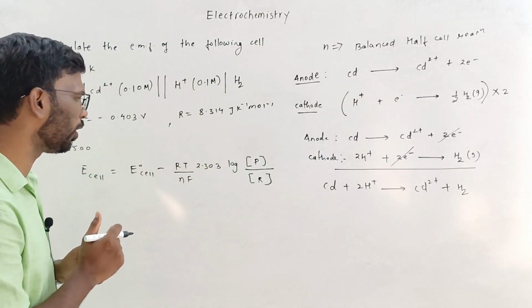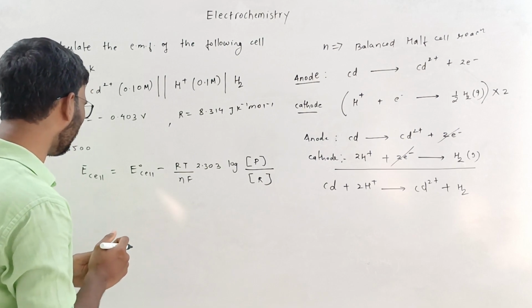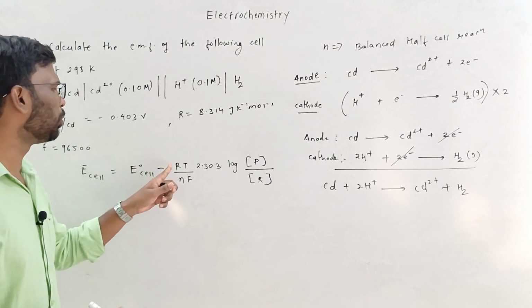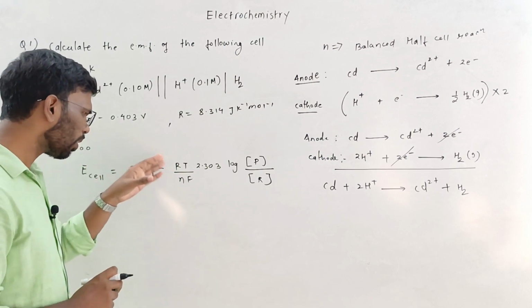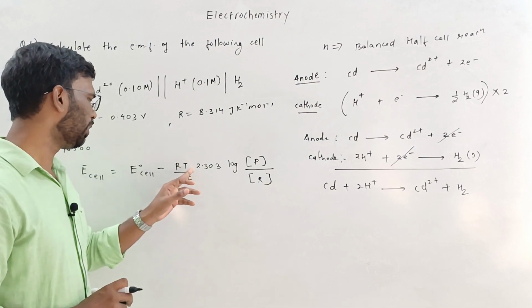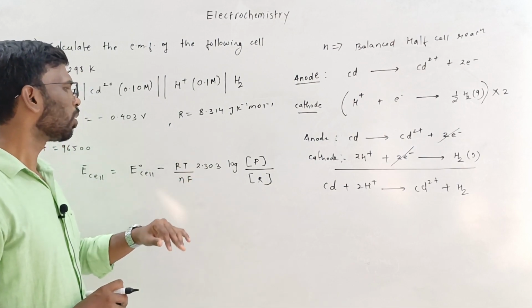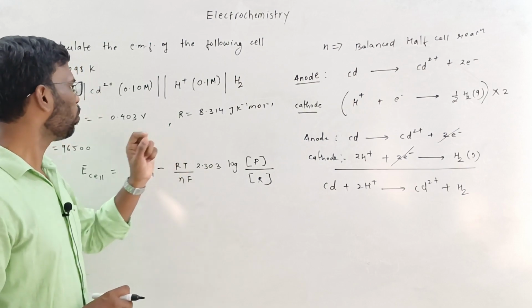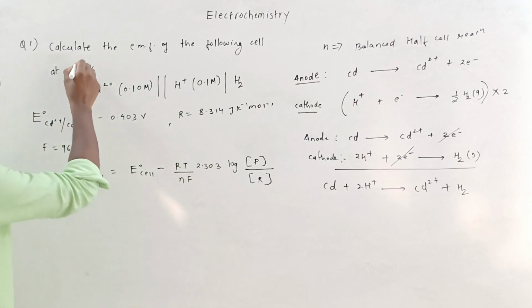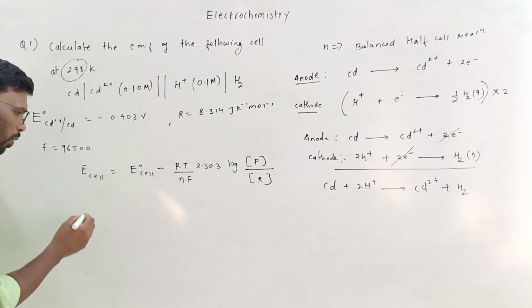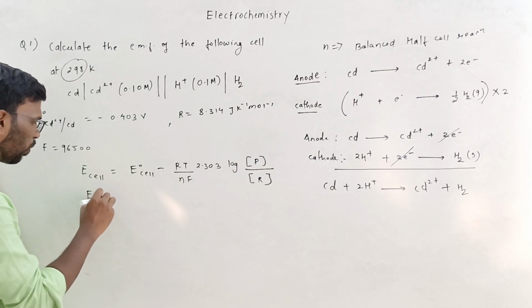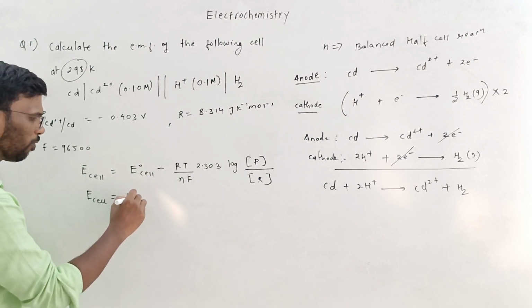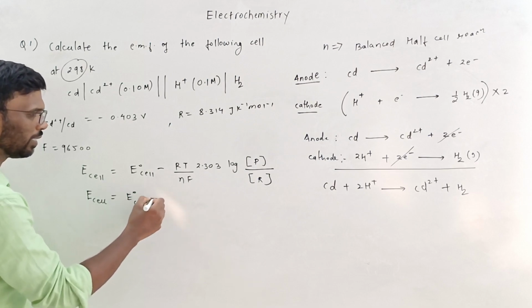One more point I wanted to make is that we are not going to substitute everything over here, meaning the values of R, T, F, because at 298 Kelvin, we'll do this. There is one more formula which we use often, the same formula with a slight modification.